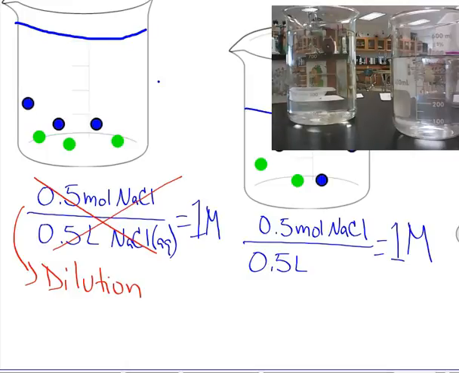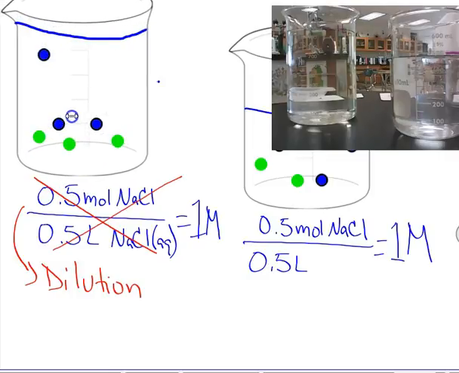So now you can see that as I dilute my solution and my particles of salt are going to spread out evenly throughout the solution. All right. I'm now going to have a solution that is half as concentrated as it was before.